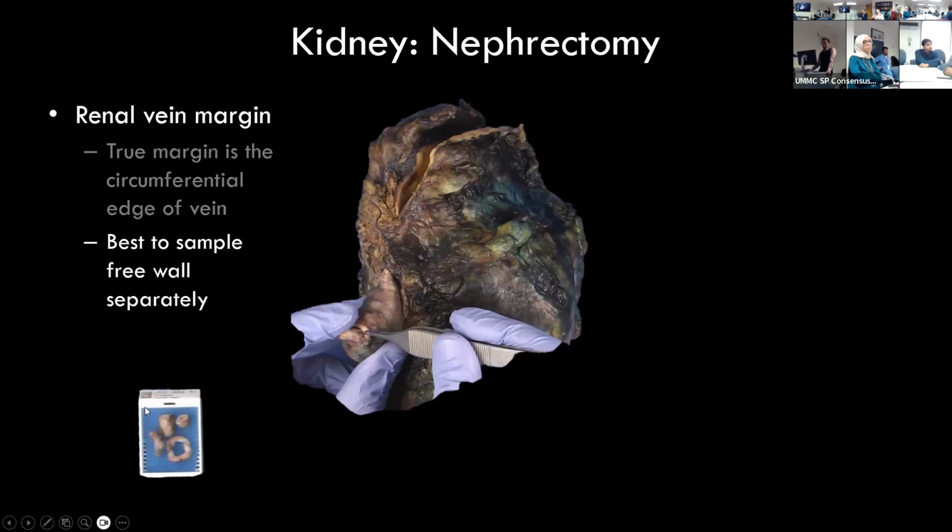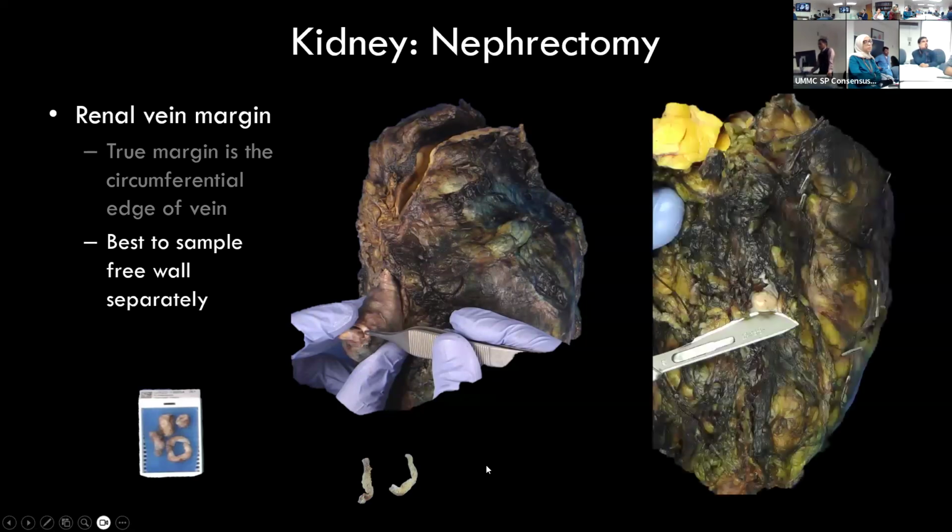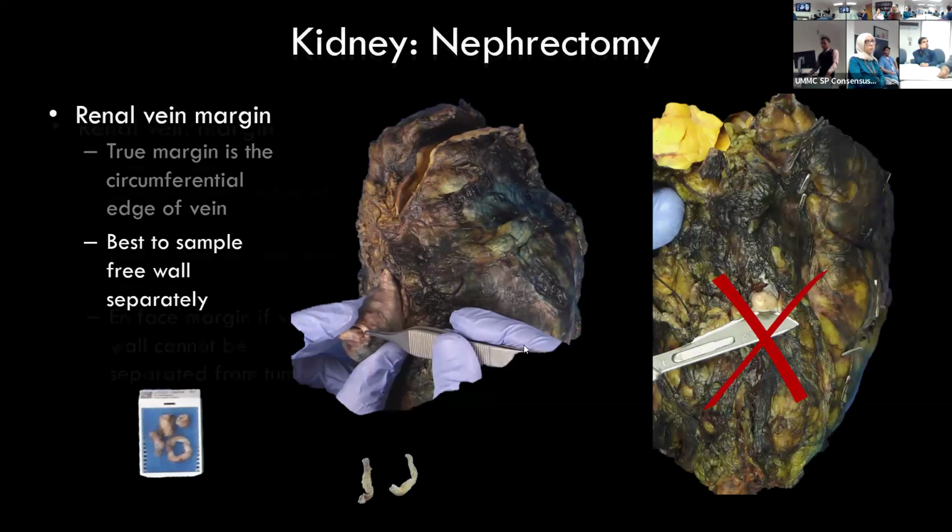You should be getting sections like this. Or if you're not able to make the whole ring, you should at least have free margin sections like this. I just wanted to re-emphasize that it's completely inappropriate to shave off the edge and submit it as a margin. Okay.